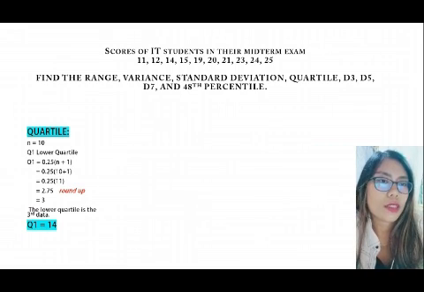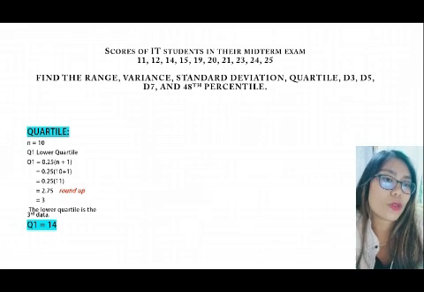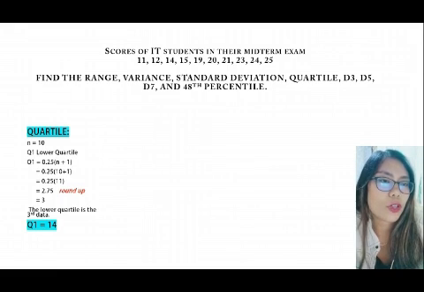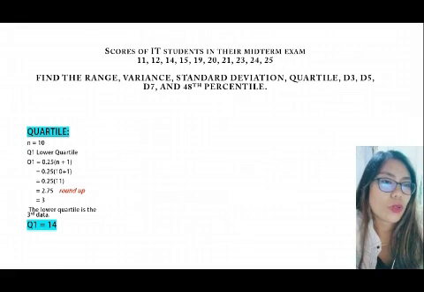Substitute n for 10: 0.25 times 10 plus 1 is 0.25 times 11, and the total was 2.75. You're going to round it up to a whole number, so it will be 3. So the lower quartile is the third data, which is 14.